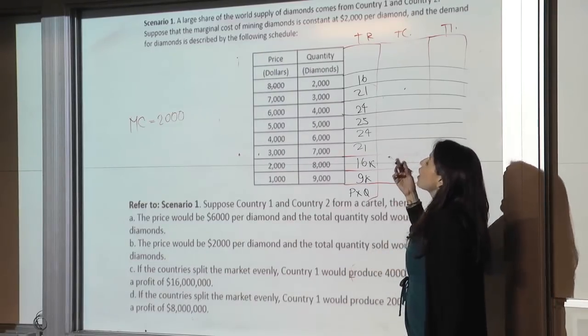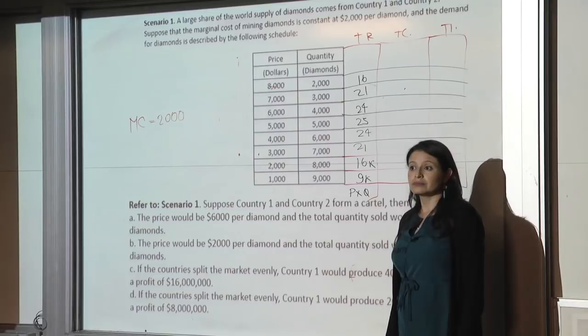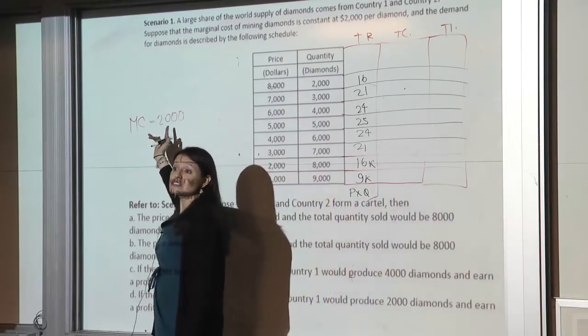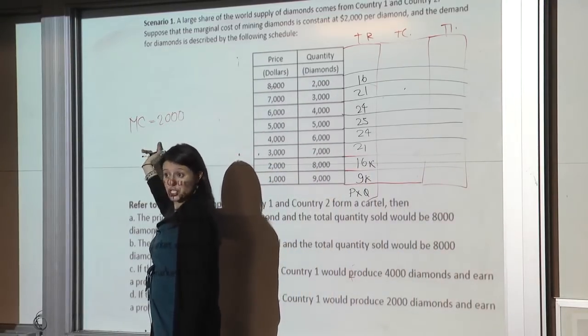Now, what is the total cost? Since the marginal cost is constant, this is the cost of each unit.